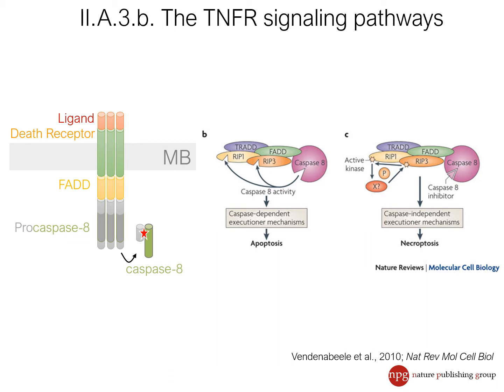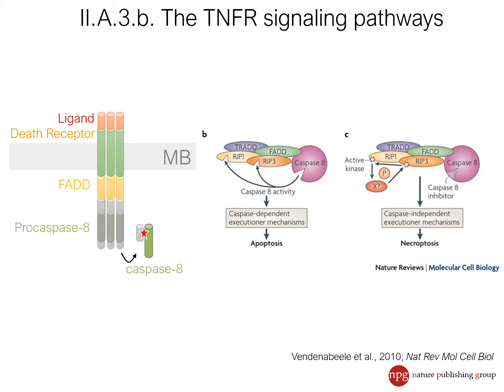This is slightly more complex than what is depicted in that diagram, and that complexity is reflected here, in which this FADD plus caspase 8 are also associated with other proteins, RIP1, RIP3 and TRADD.